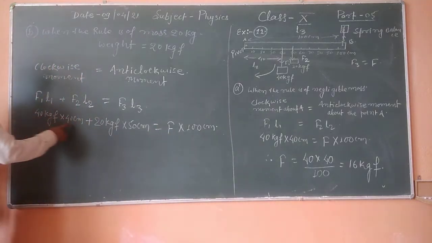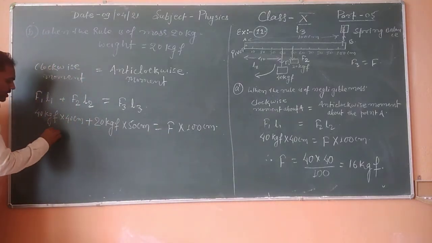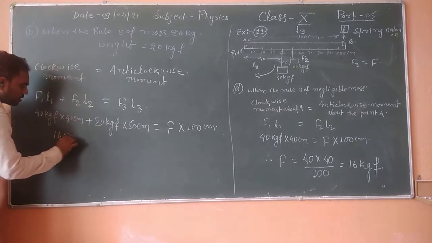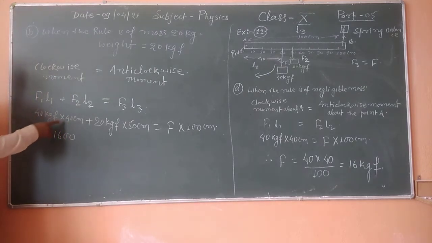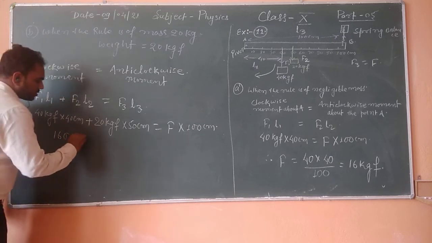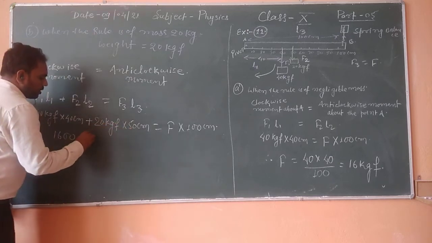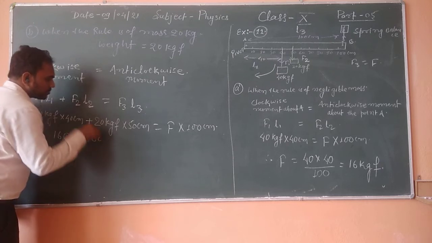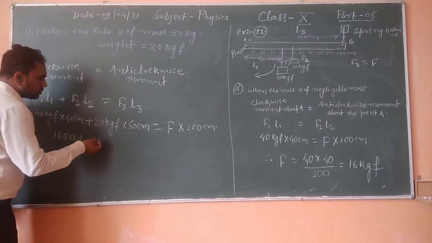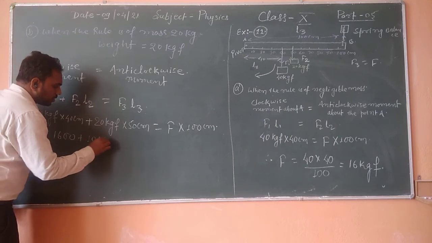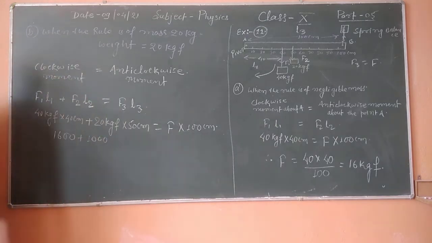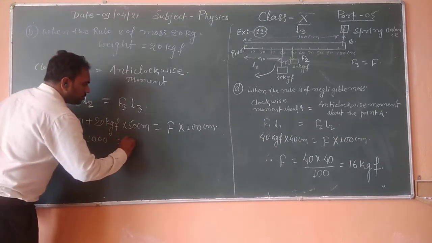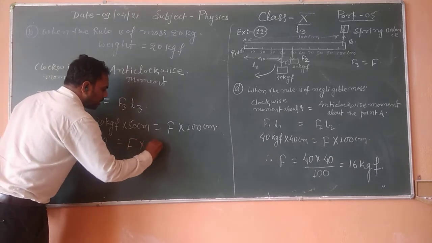So we will multiply this. This will become 1600, plus this will become 1000, is equal to F into 100.